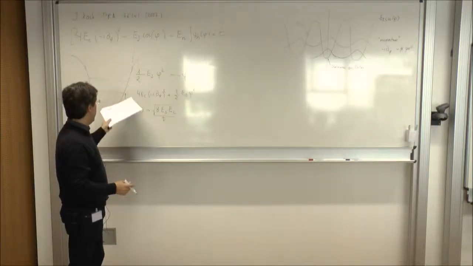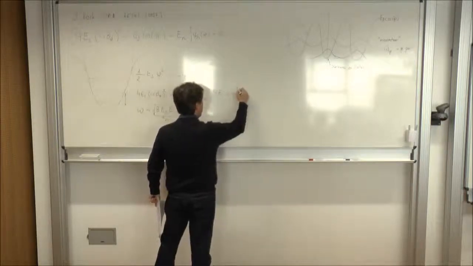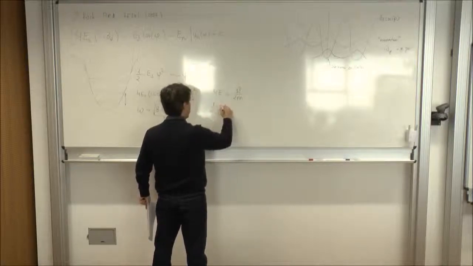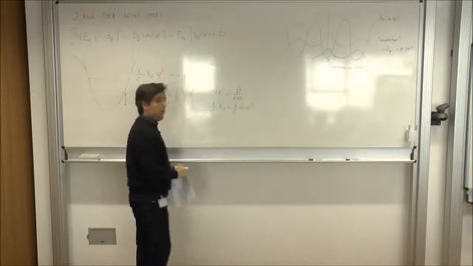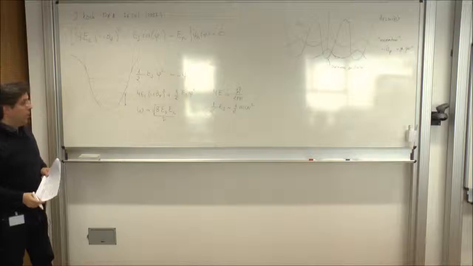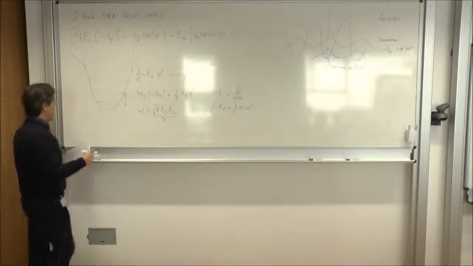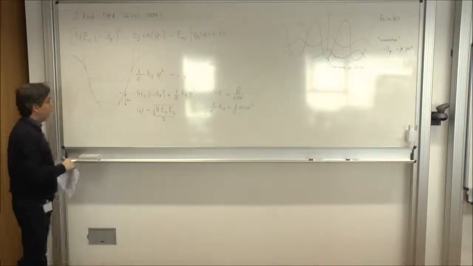Or if you want, you can say that 4EC will be like h bar squared over 2m, and 1/2 EJ will be like 1/2 m omega squared, in analogy with a classical particle, and you can get the frequency there. And that would be more or less an approximation for this first transition.